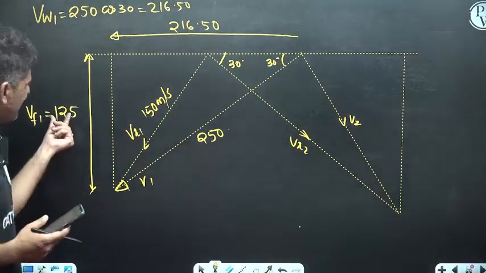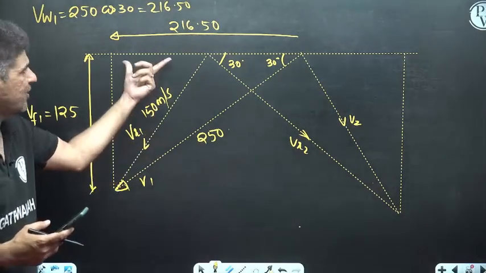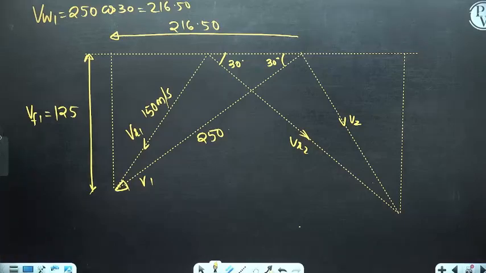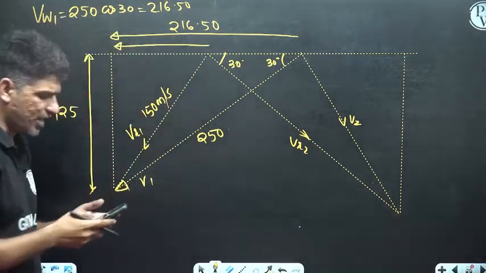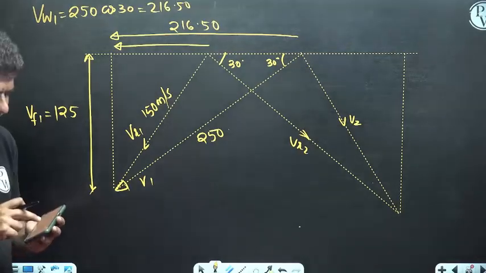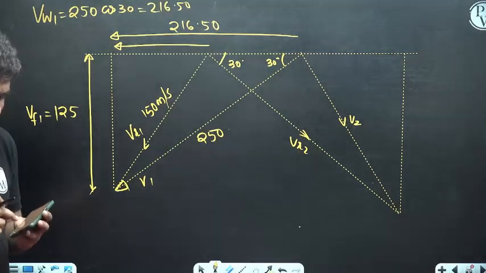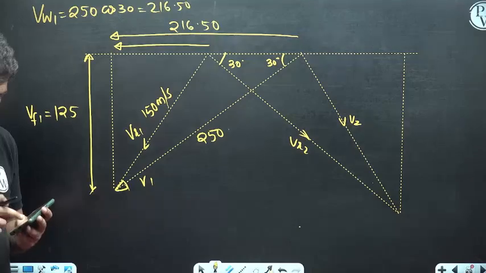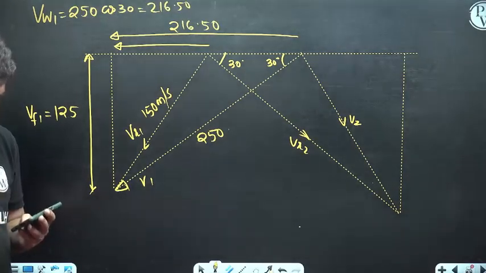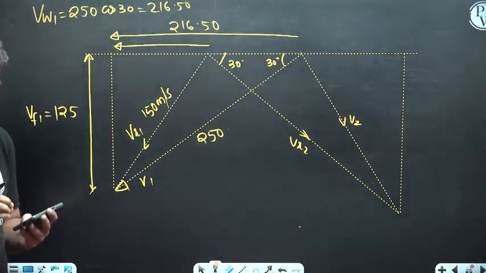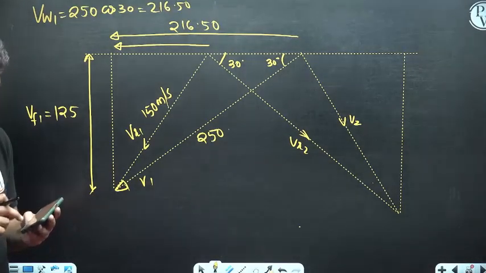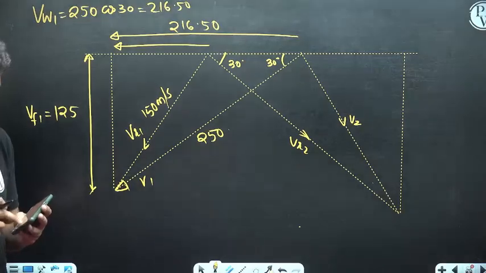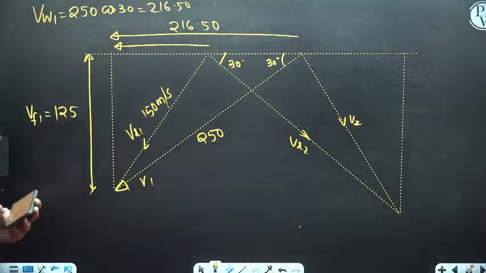Now you see that this is your 125, this is your 150. Can you calculate this? So we can calculate what will be this component. This component will be equal to square root of 150 square minus 125 square. That is 6875.